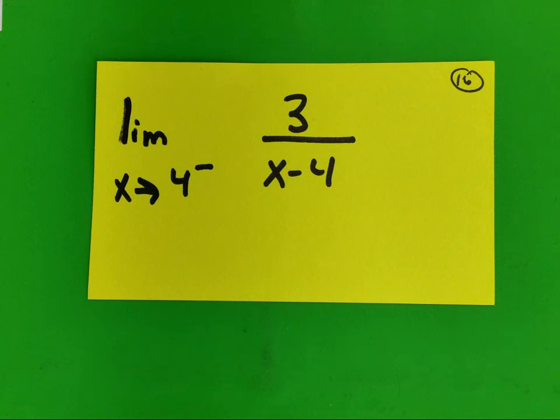No. So is this one-sided or two-sided? One-sided. So I'm at 4. What's left of 4? 3. I plug 3 in. 3 minus 4 is? A positive divided by negative is a what? Negative. So this is going to what? Negative infinity. What type of discontinuity is this? Removable or infinite? Infinite, because I couldn't remove anything, could I? Okay, that's infinite. There's an asymptote occurring there.